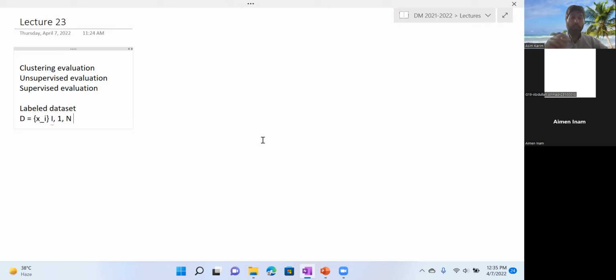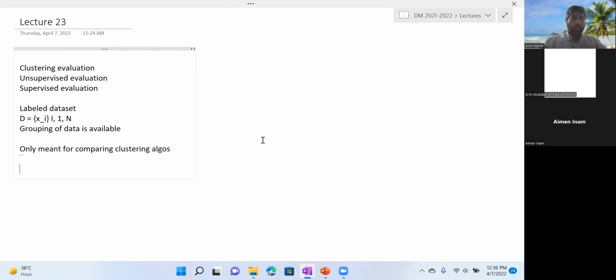So the grouping of data is available and only meant for comparing. Once you have determined which algorithm is best, then you can go ahead and use that algorithm on a new data set, which is of course unlabeled.